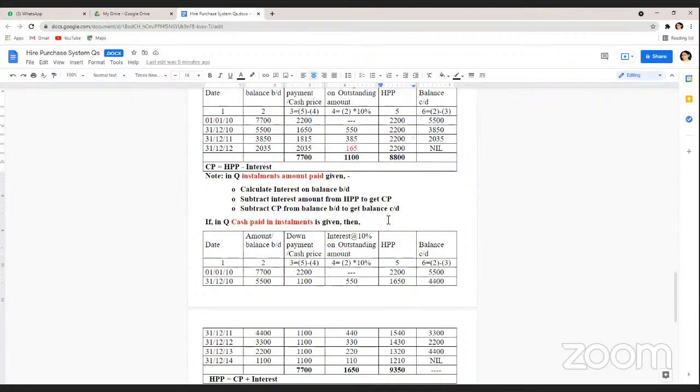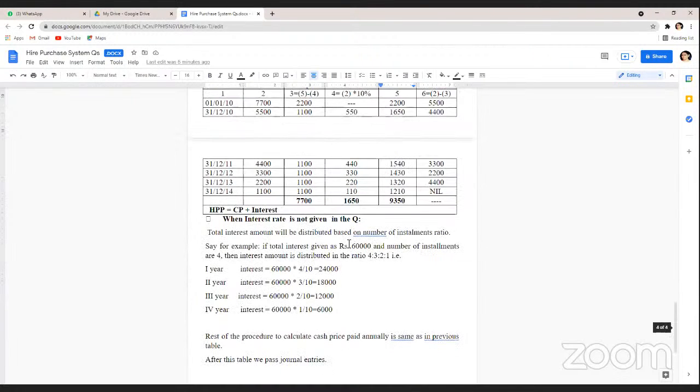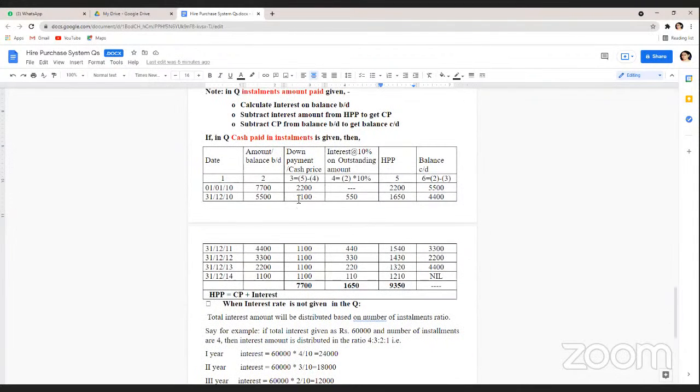Sometimes he will give the cash price paid. This is the second case. If the cash paid is given in installments, that is, in how many installments the cash price has been paid, then your hire purchase price changes.